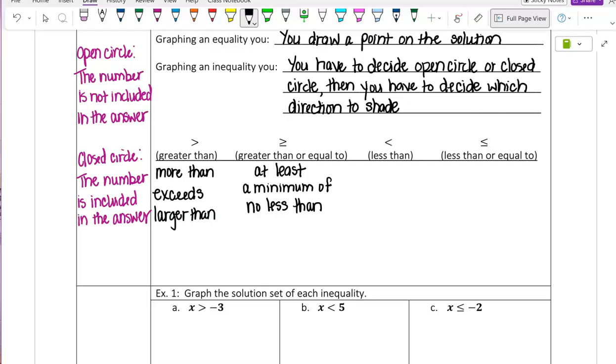Some words or phrases for less than: smaller than, obviously less than, fewer than.